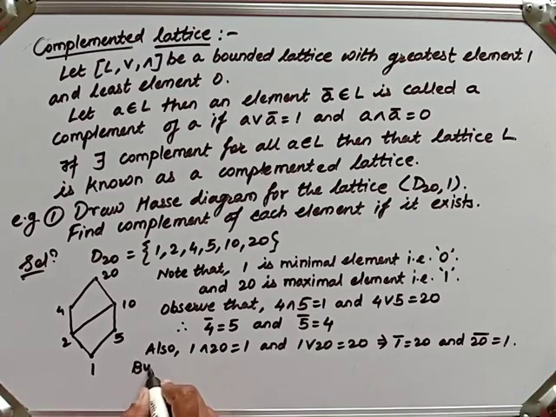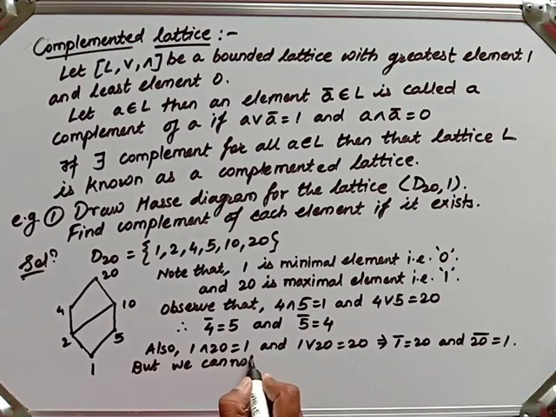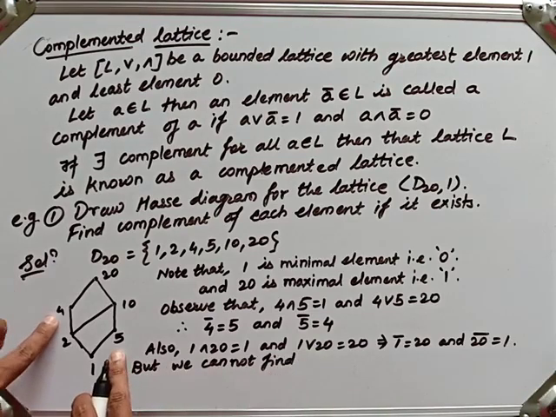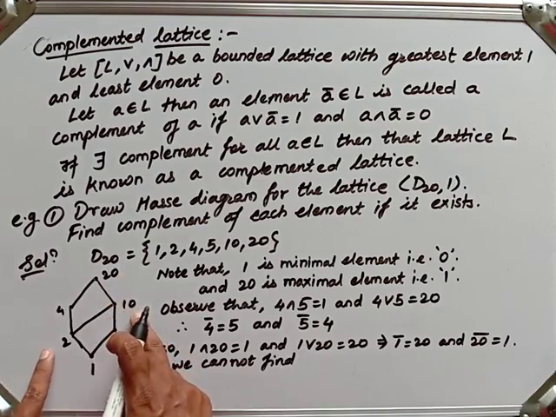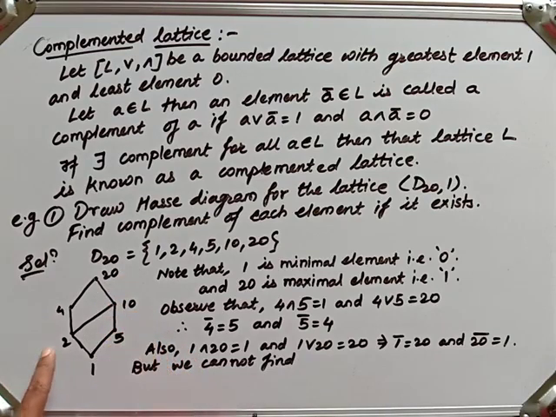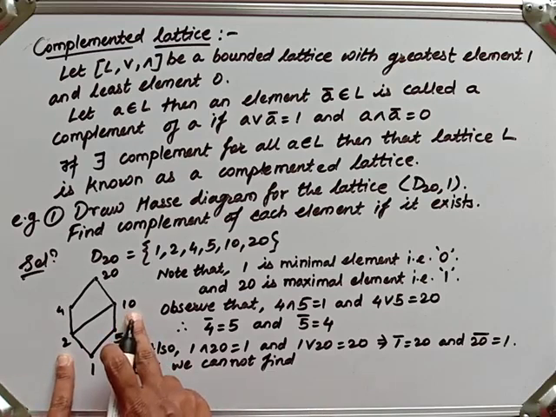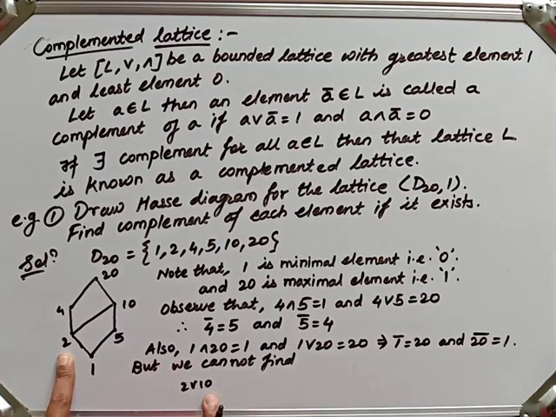But we have found a complement for 4 and 5, for 1 and 20, but not for 2 and also not for 10. If we go for 2 join 10, that is 20.